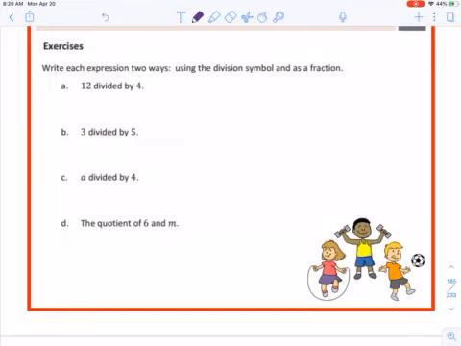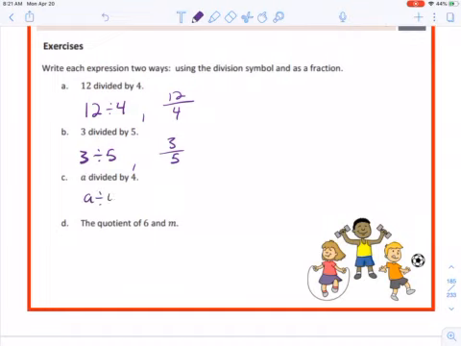You should have paused your video and gone through these. Letter A tells us 12 divided by 4, and 12 over 4. 3 divided by 5, and 3 over 5.